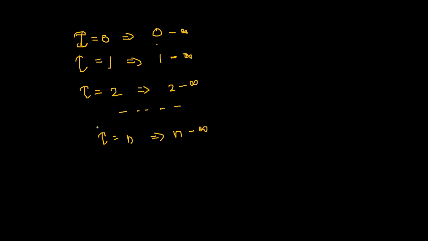The main aim here is that we should generalize. This is continuous, so for t greater than 0, tau is defined from t to infinity. I hope it's clear.